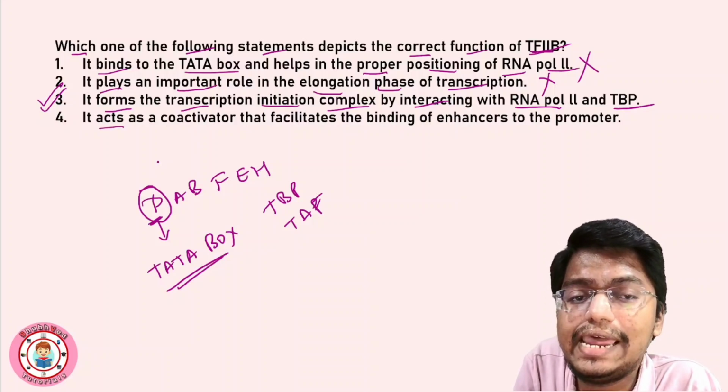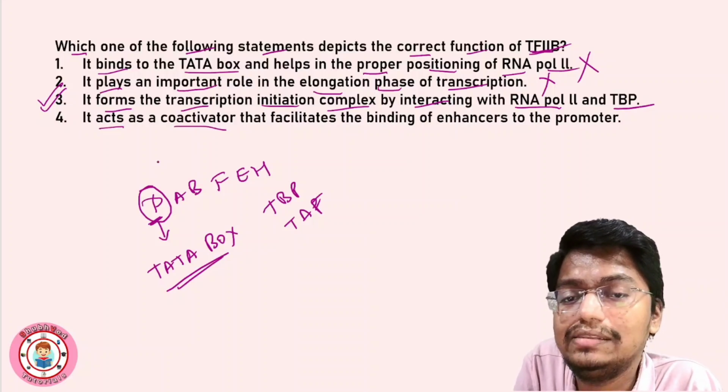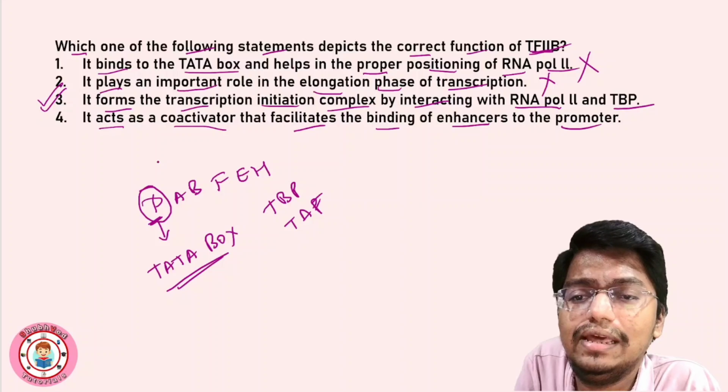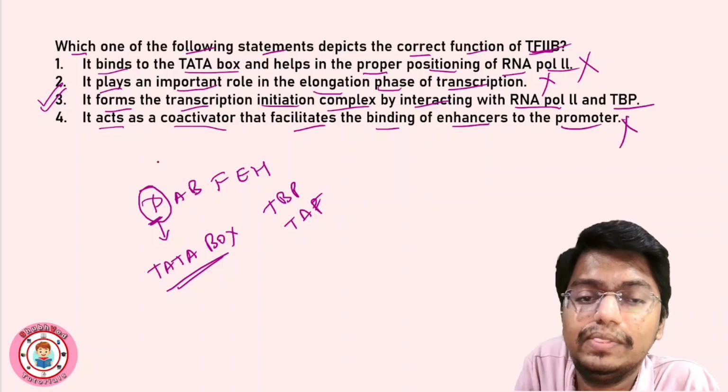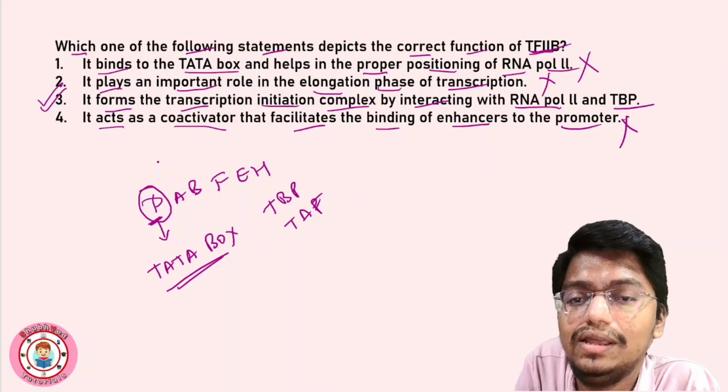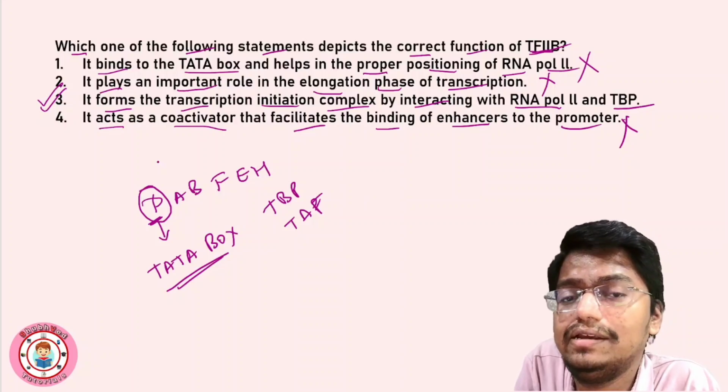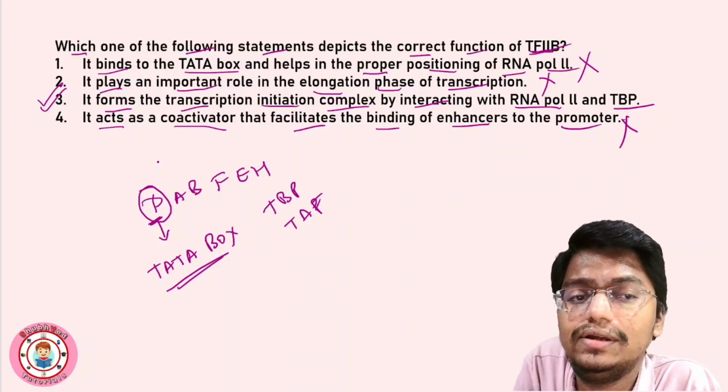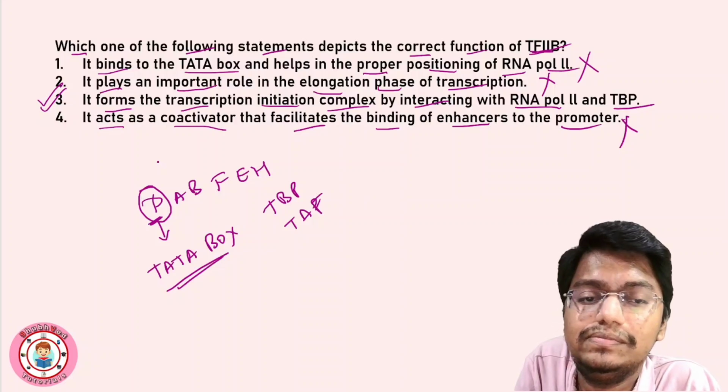Next is it acts as a co-activator that facilitates the binding of enhancers to the promoter. No, ये भी नहीं है आंसर. co-activator नहीं है, activator ही है. Transcription factor, it is important for initiation, right?